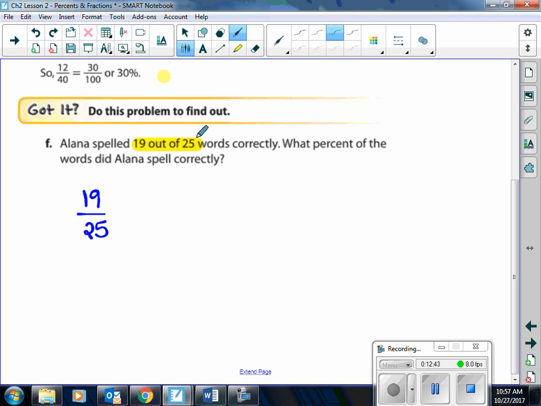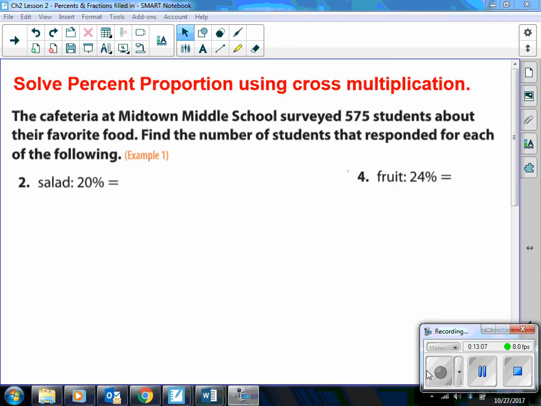Yes, and I didn't even need to scale back, right? So now I'm just scaling forward. We're just going to multiply times 4. So we'll multiply the numerator and the denominator by 4, and we get 76 over 100, which is equal to 76%. Beautiful.